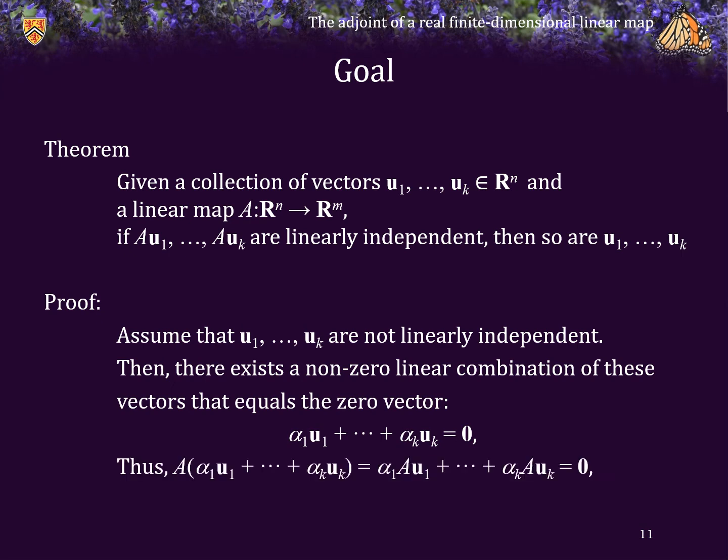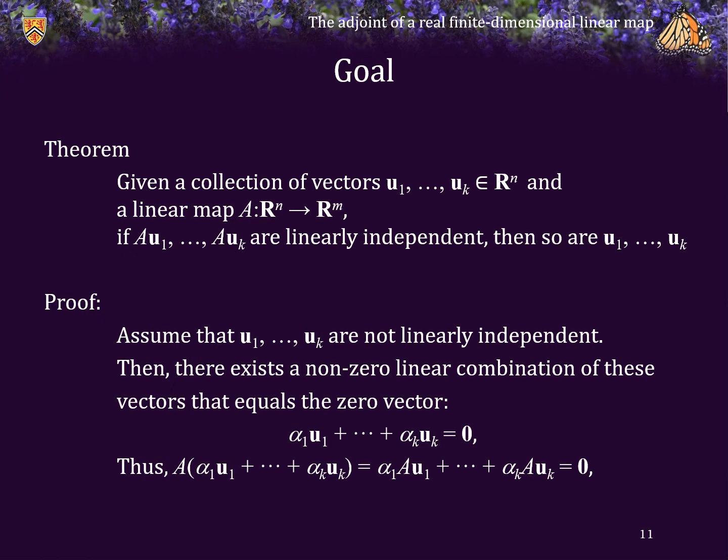But wait a second. A is a linear map. Consequently, A applied to a linear combination of vectors is that same linear combination of A applied to each of the vectors. But wait a second, the scalars have not changed, and therefore we have just found a linear combination of the vectors A times u1 through A times uk such that that linear combination is equal to the zero vector, even though not all the scalars are zero.